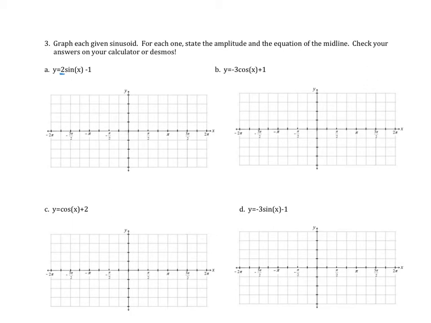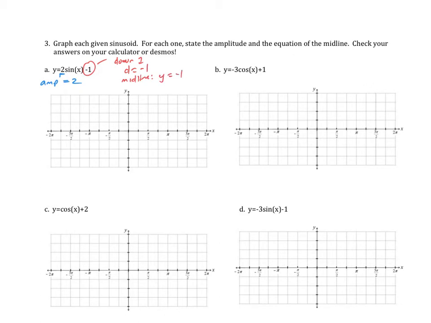This 2 here means that the amplitude is equal to 2, and the minus 1 means the graph is shifted down 1, and that means d is equal to negative 1.